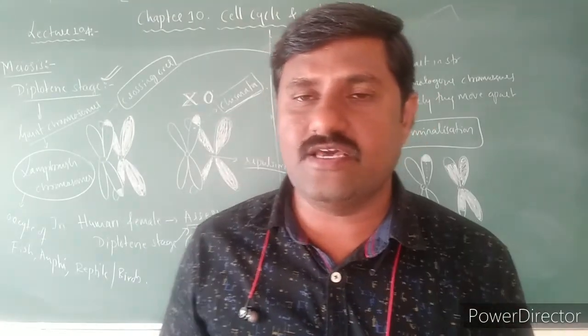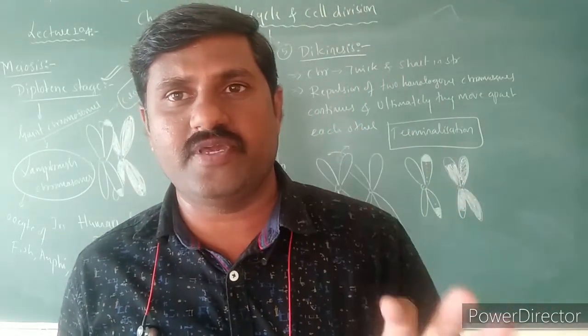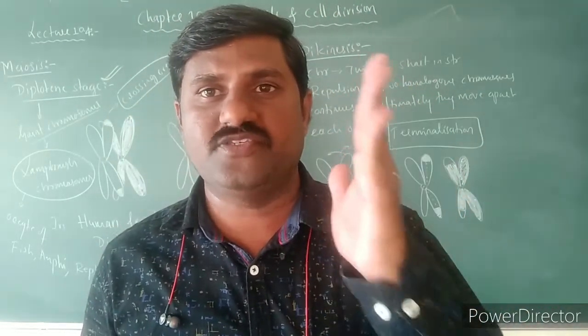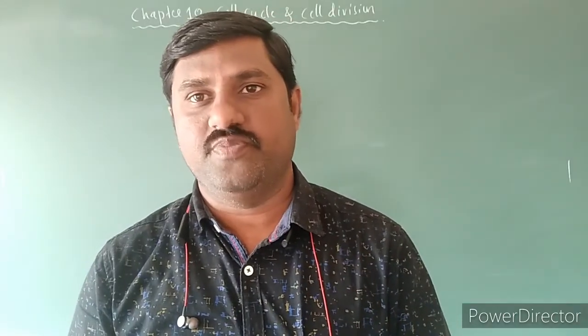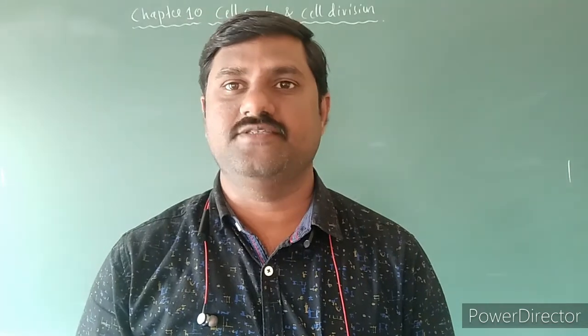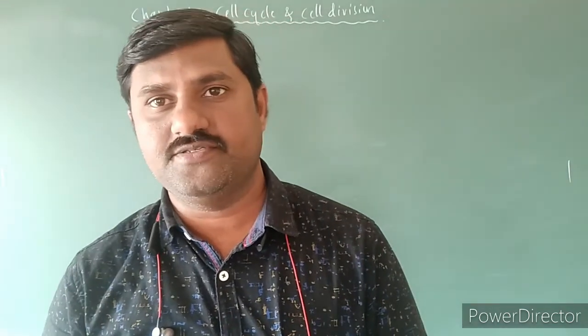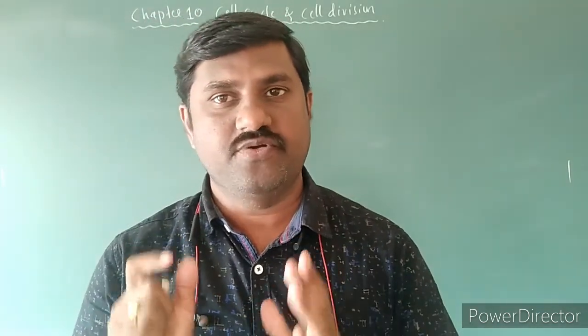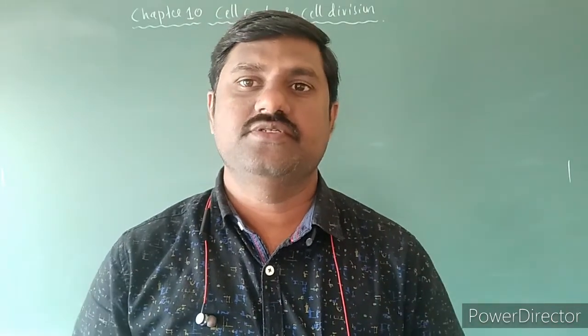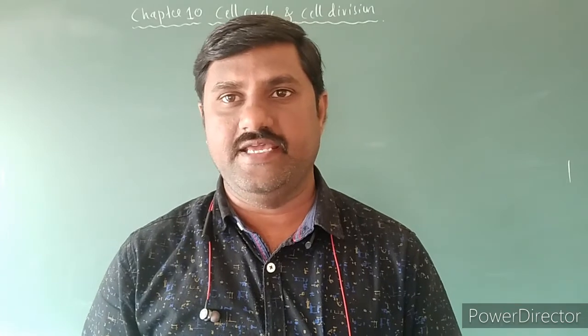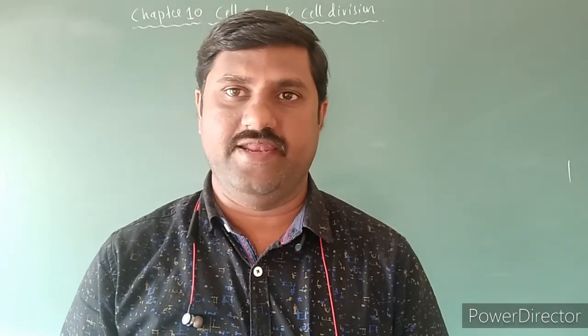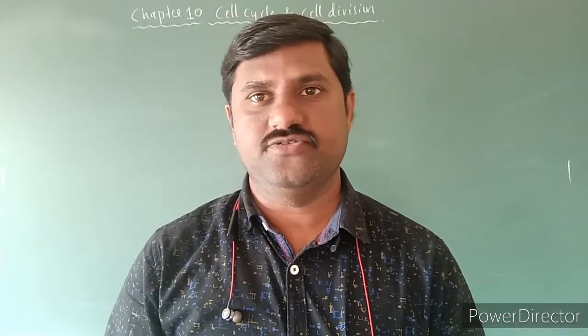So these are the 5 stages that we come across in prophase 1 of meiosis 1. For our understanding, we have divided prophase 1 into 5 stages: leptotene, zygotene, pachytene, diplotene, diakinesis.